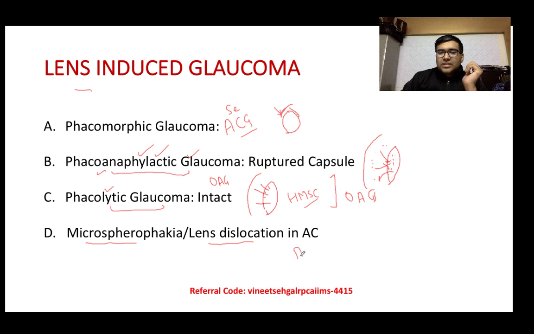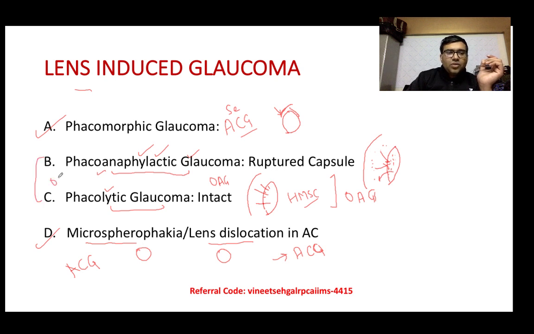So this is called a secondary angle closure glaucoma because of the displaced lens, maybe because of microspherophakia, or any cause of lens dislocation into the anterior chamber. So my options A and D are angle closure glaucoma, and my options B and C are secondary open angle glaucoma.